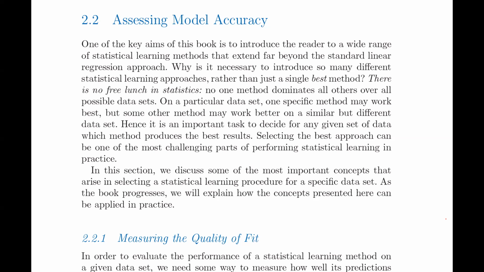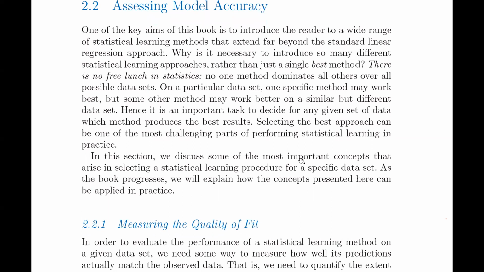On a particular data set, one specific method may work best, but some other method may work better on a similar but different data set. Hence, it is an important task to decide for a given set of data which method produces the best results. Selecting the best approach can be one of the most challenging parts of performing statistical learning in practice.